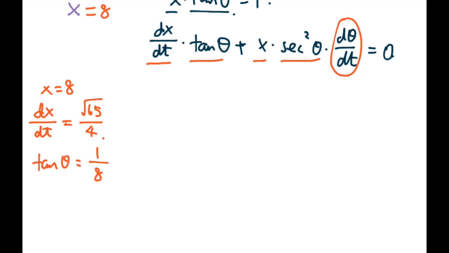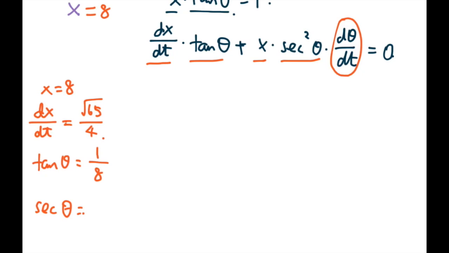So that means secant theta squared is equal to 65 over 64. Okay, now we're going to plug all the quantities into this equation and solve it.